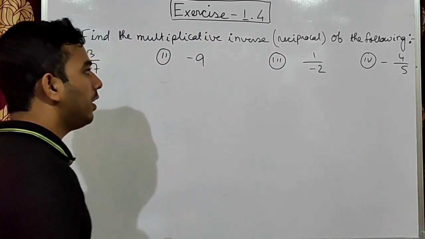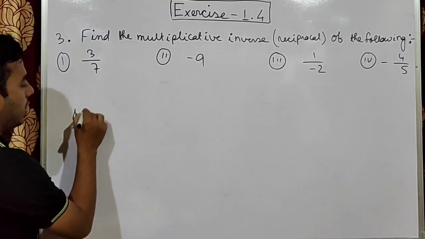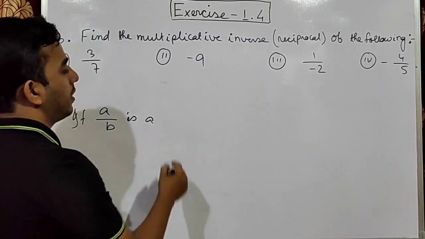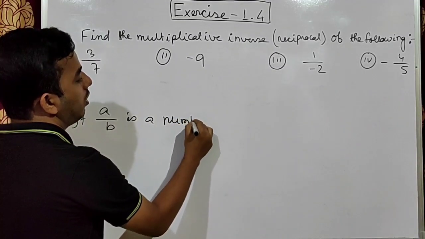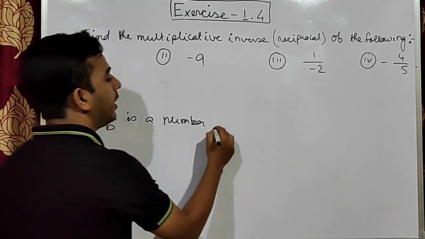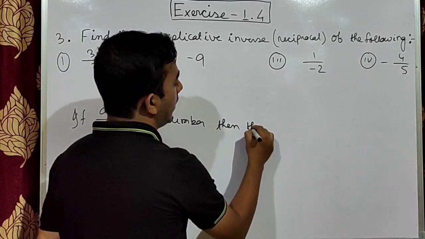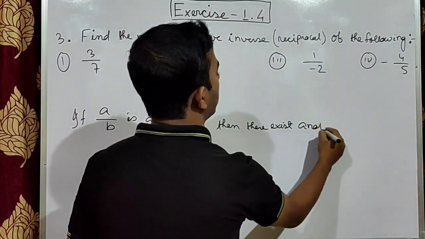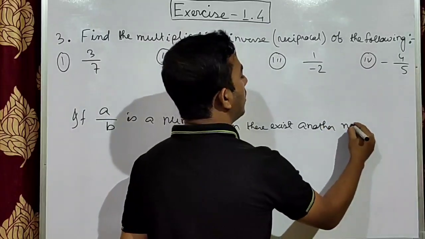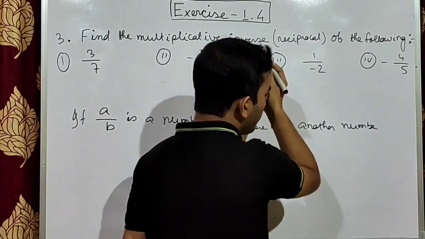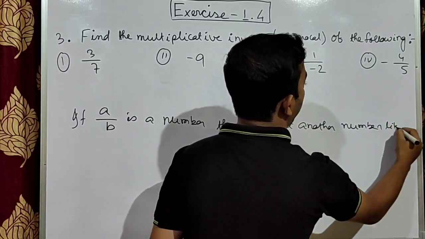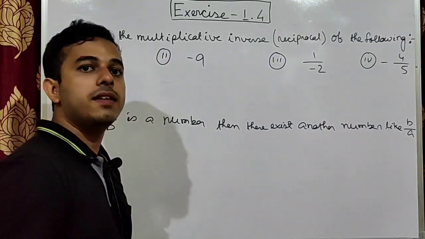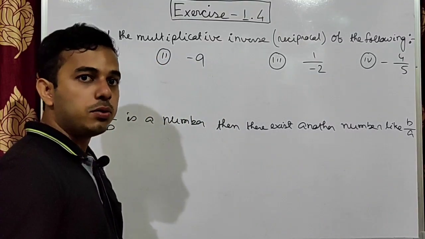Now for example, if there is a number, we can write, if A by B is a rational number, then there exists another number like B by A, right? If 2 by 3 is there, then there is another number 3 by 2, isn't it? Okay.